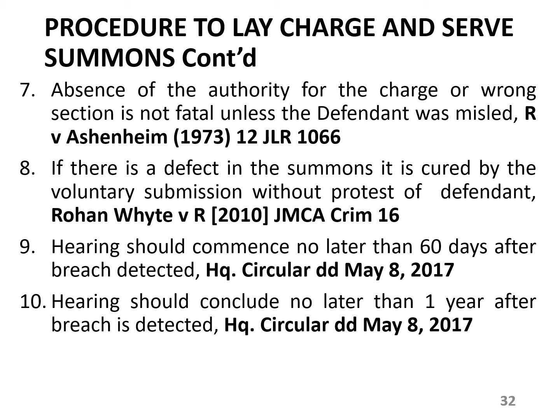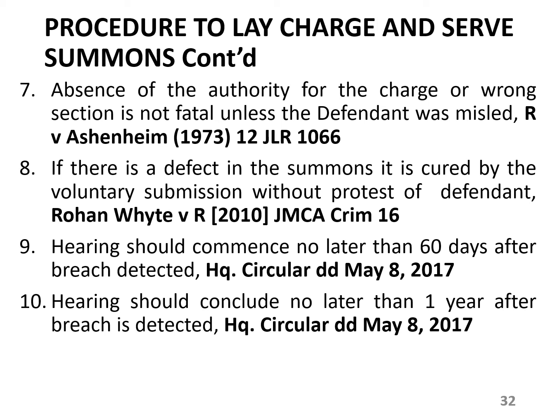Number seven, and this is a notation, that absence of the authority for the charge or wrong section is not fatal unless the defendant was misled. So under normal procedures, Section 64 of the Justice of the Peace Jurisdiction Act provides that you should put the authority which creates the charge.